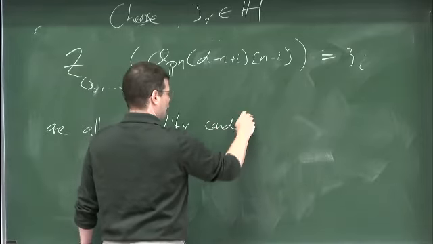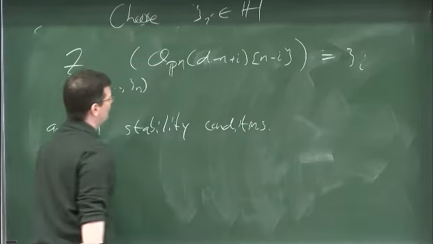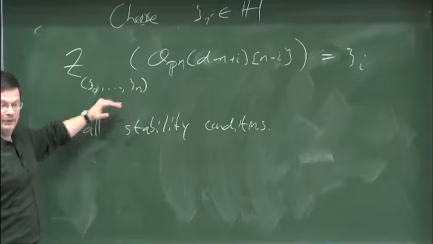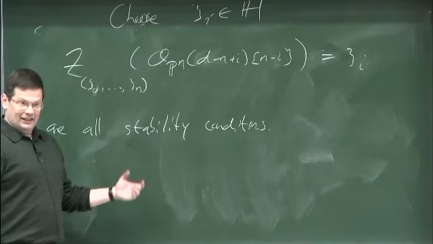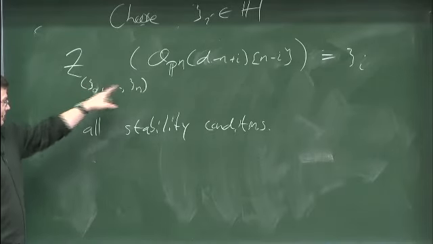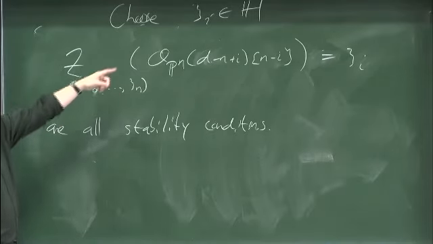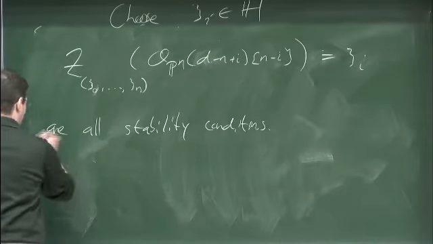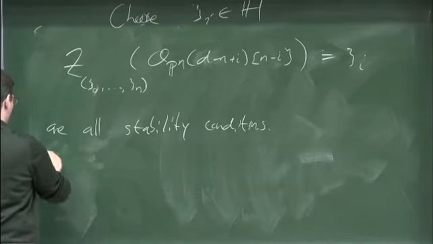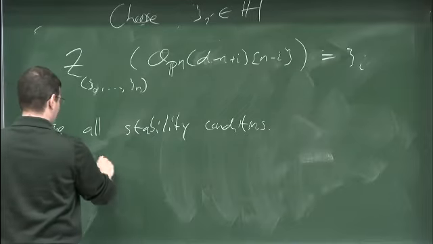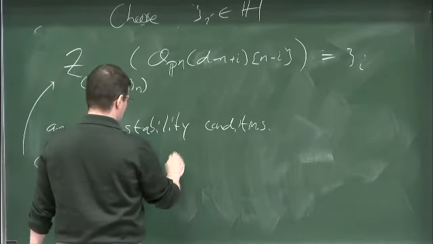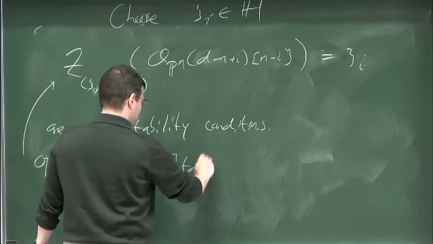And I guess this is the first time that it becomes more plausible that the stability manifold looks like a complex manifold of dimension n plus 1, because this is in fact H to the n plus 1. These are all open sets, so these define open sets in the stability manifold.